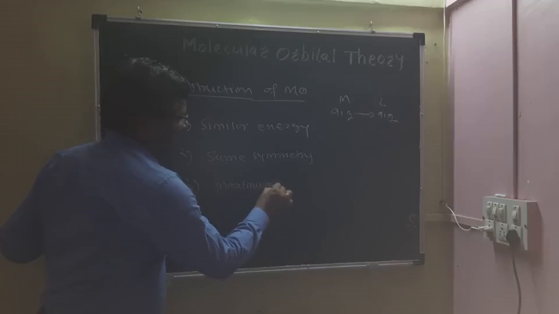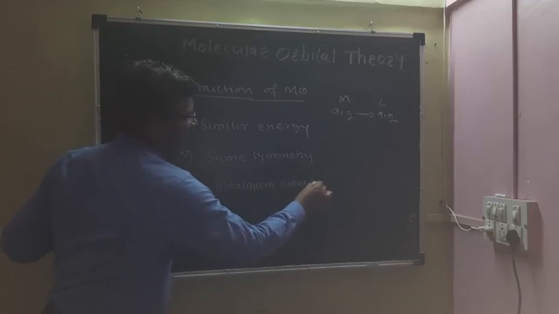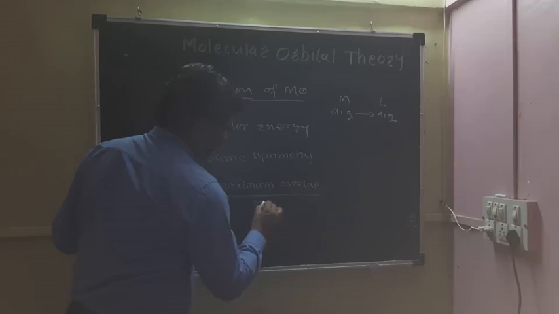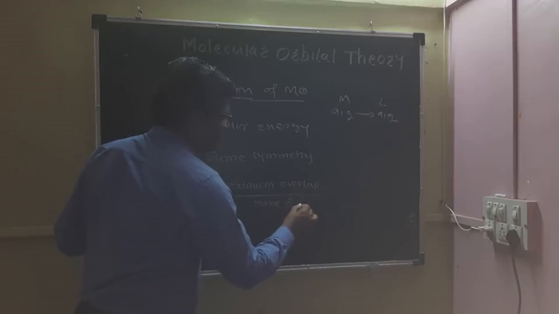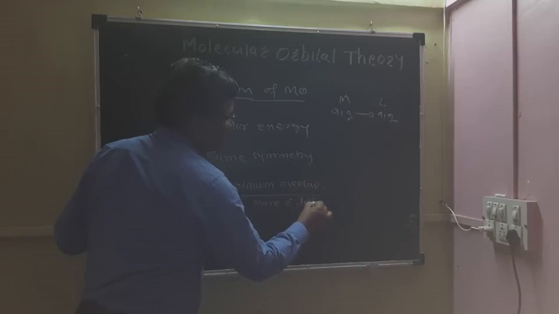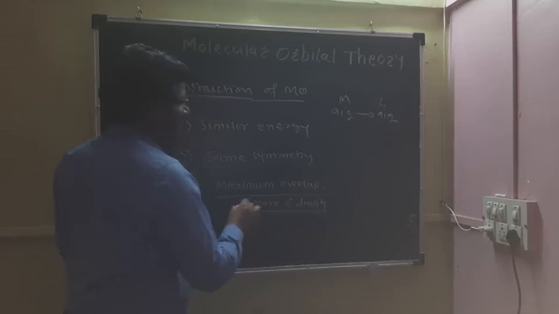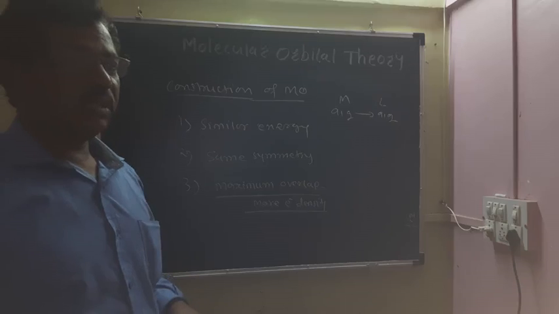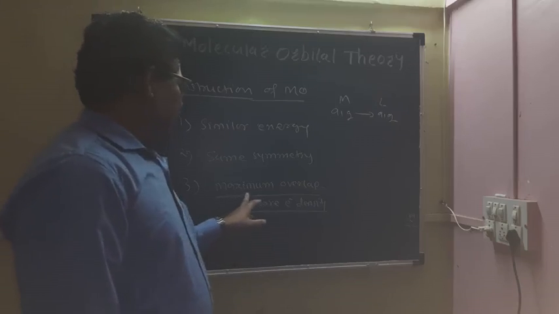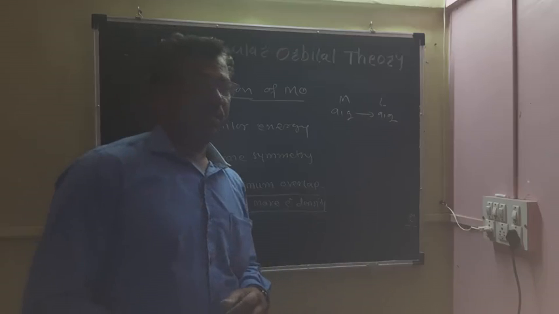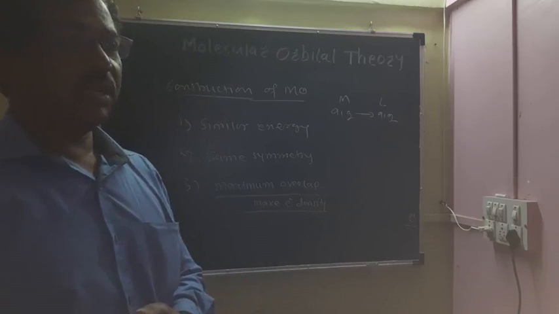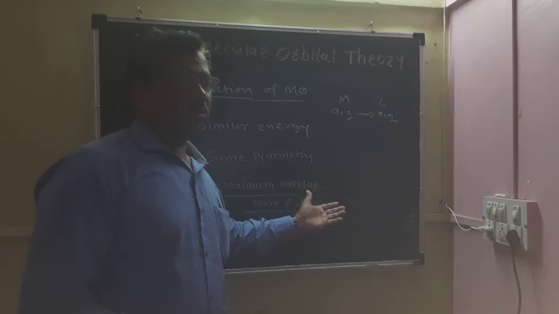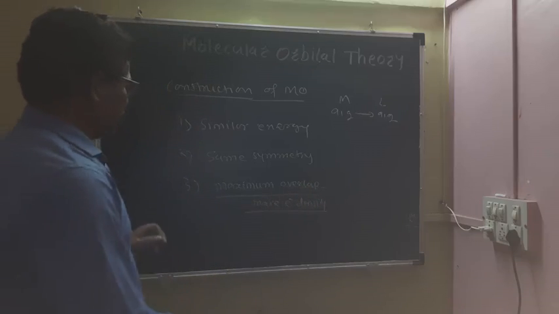Maximum overlap means more electron density between the central metal atom and its surrounding ligands, and therefore maximum overlap between the central metal atom orbitals and its surrounding ligand group orbitals.